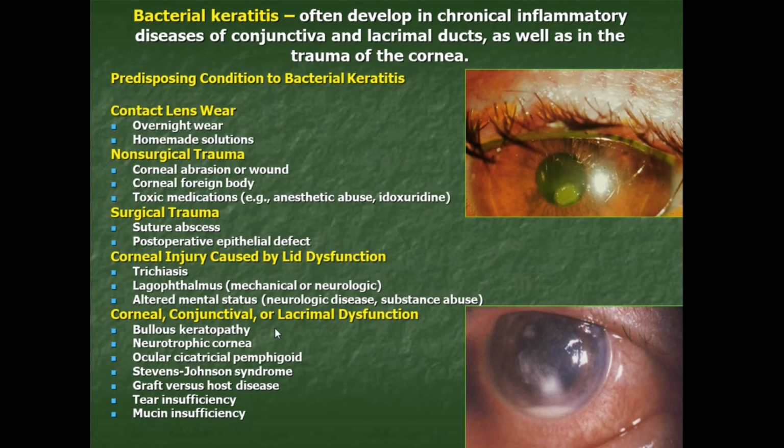The risk factors for bacterial keratitis: contact lens wearing, non-surgical trauma, in some cases surgical trauma, corneal injury caused by lid dysfunction. Corneal, conjunctival or lacrimal dysfunction may also be the cause of bacterial keratitis.